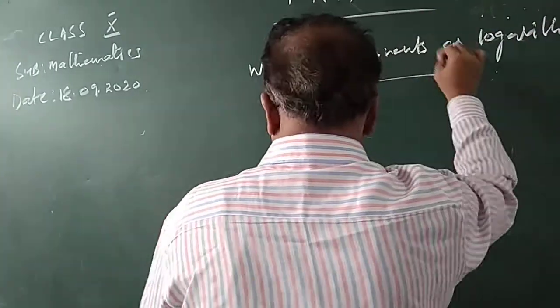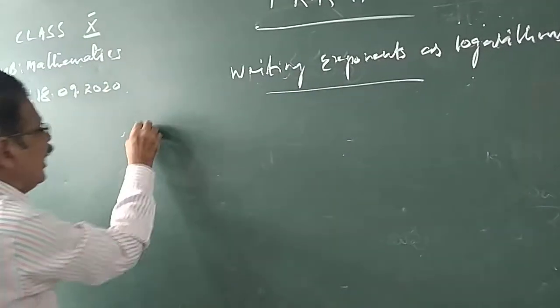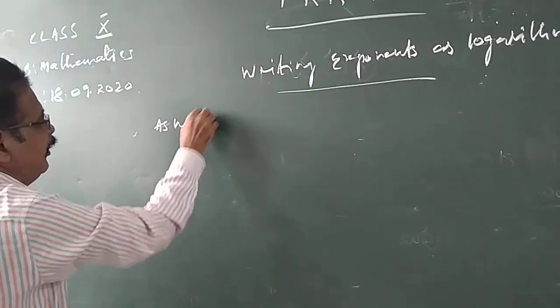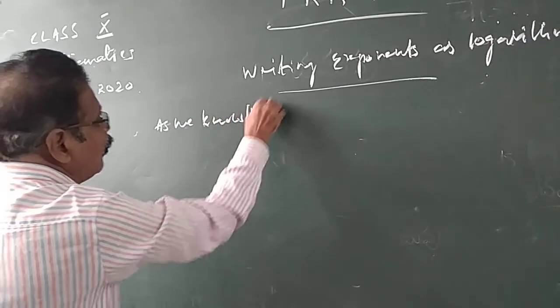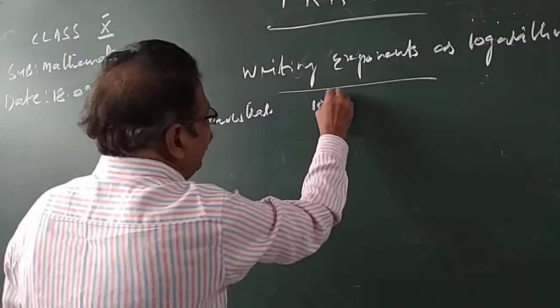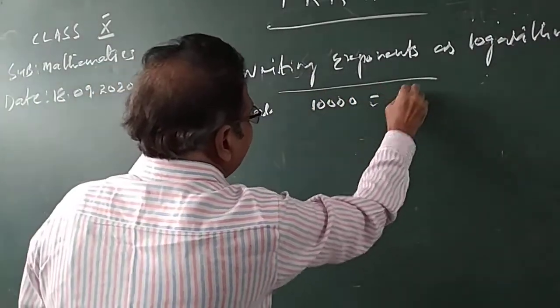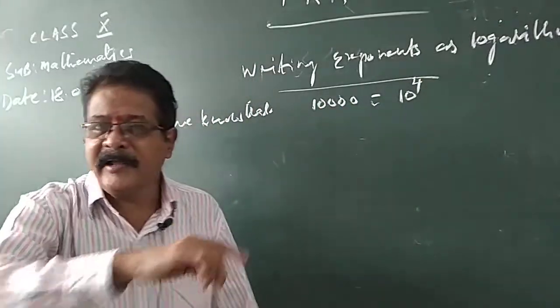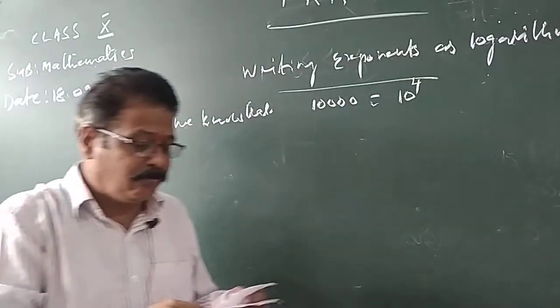Let us see this. As we know, 10,000 can be written as 10 to the power of 4.